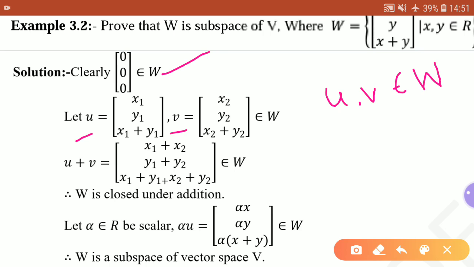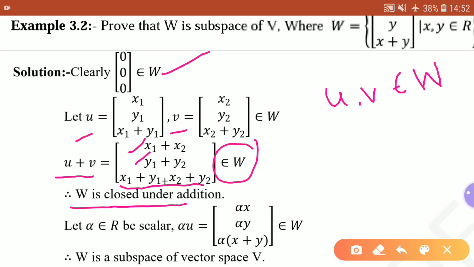Now we need to show that the set is closed under addition and scalar multiplication. So form the addition of the two. We get (x1 plus x2, y1 plus y2), and the last will be x1 plus y1 plus x2 plus y2. Now clearly the third element is the addition of the first two elements, hence it will belong to set W, right, which implies W is closed under addition.